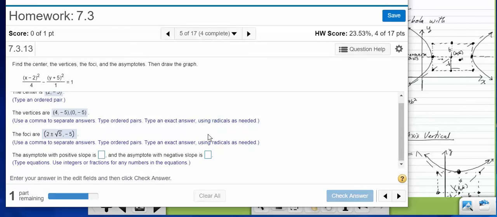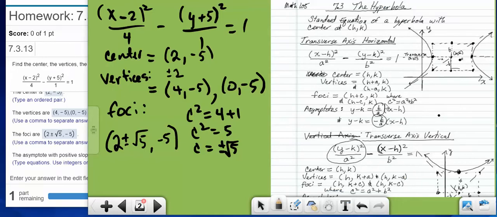Okay, now the asymptotes. So with the asymptotes, the way I remember it, I don't remember it the way I have it written in the notes. I remember this, y equals mx, oh, sorry, do you want the, okay. So it's kind of like I have written in the notes, but see how I have b over a for horizontal? I think of slope as change of y over change of x.